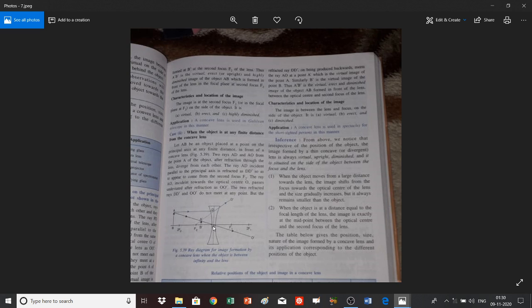And you see here, this is the optical center, this is your concave lens, this is f2 the second focal point, and this is f1 the first focal point. This distance, that is OF2, is the focal length, small f, and obviously this OF1 is also the focal length, and you take here another distance which is just twice this distance, that is, this distance.